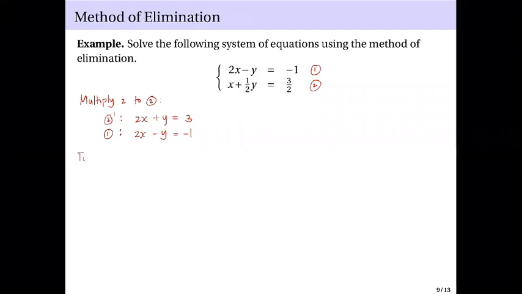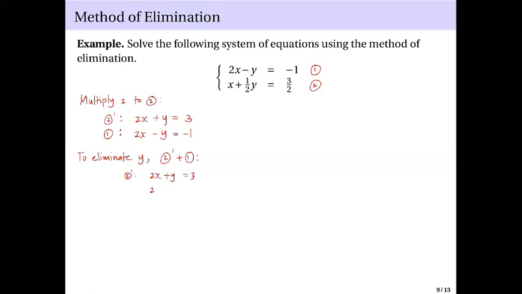So to eliminate y, okay, what we're going to do is to add equation 2 prime plus equation 1. So again, let us copy. So equation 2 prime, you have 2x plus y equals 3.